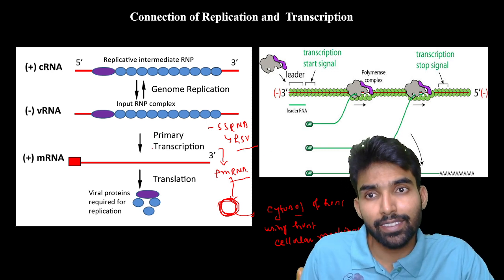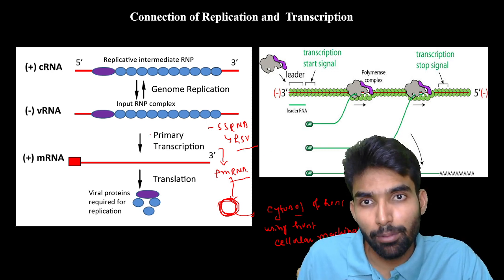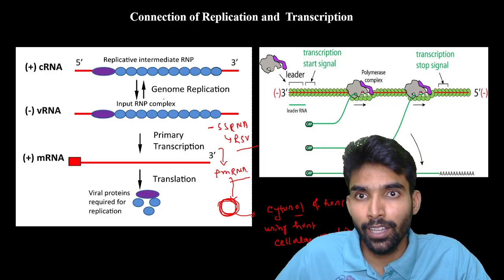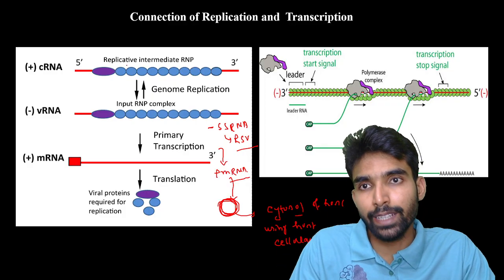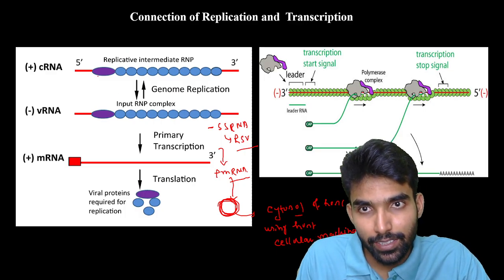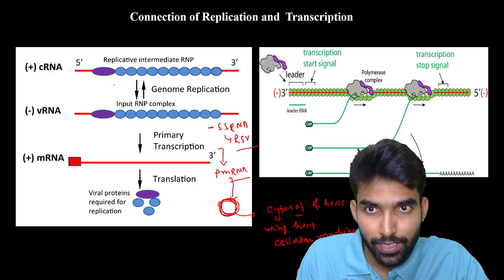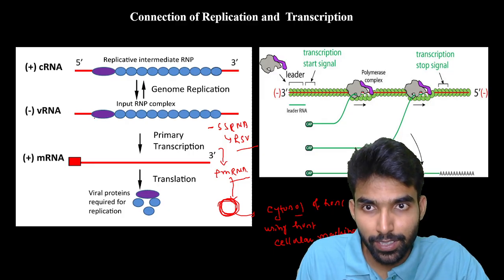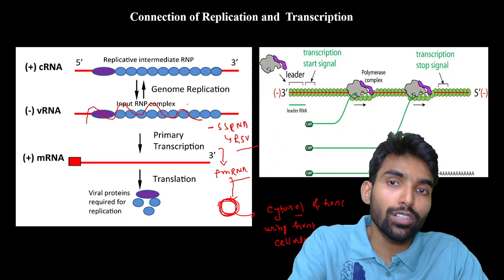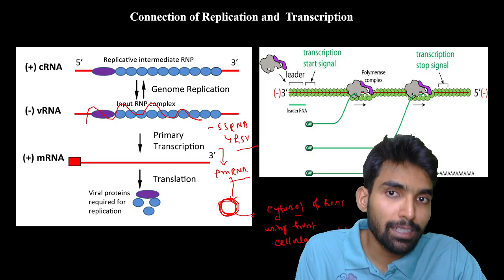And let's say now the virus has to replicate. How can it replicate? It can make the complementary strand of this. Let's say this is the negative sense, and then it can make some positive sense, and later on it can use the positive sense as a template.